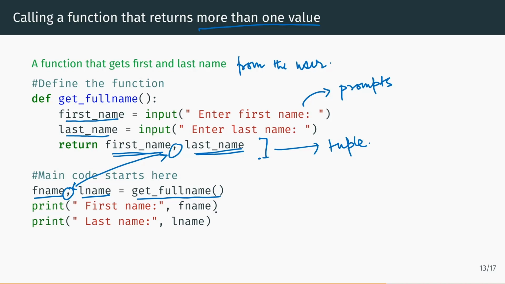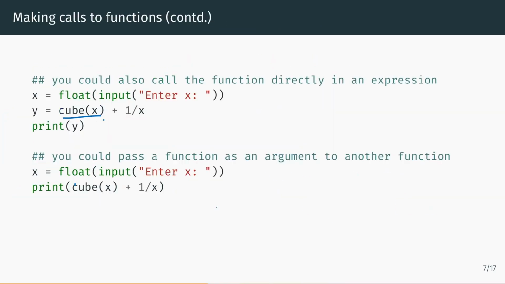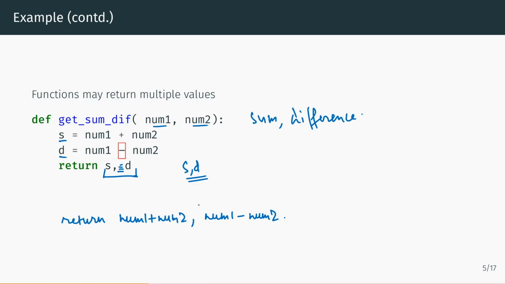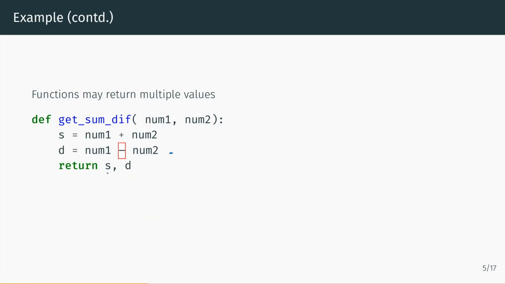So let's go back to the example of sum and difference. This function returns the sum and difference in this syntax, S comma D. Let's say you want to call this function, what would you do?